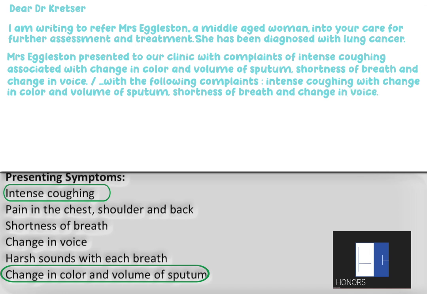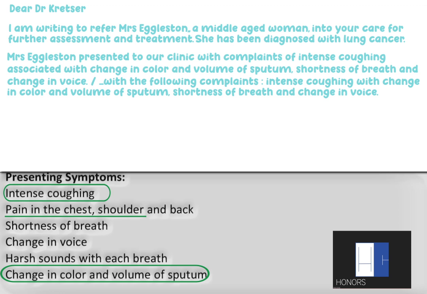Right, the next thing, pain in the chest and shoulder. Back pain, that's not important, but we can write it or we can ignore it, that's alright. So she also had pain in the chest and shoulder. Now, is that correct? Pain in the chest and shoulder, that's wrong. We cannot say pain in the shoulder.